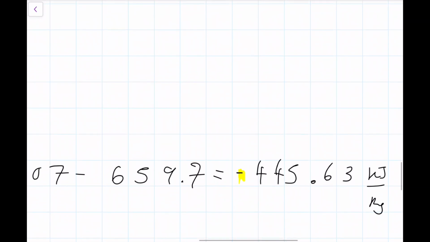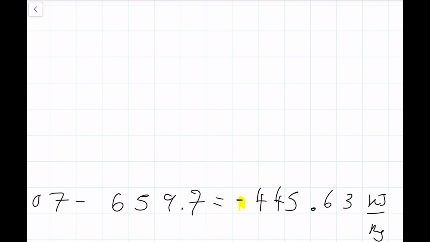So I reckon I should just do it here since we have the number here. My efficiency will be the difference in Q and Qout, so I can do 1 minus Qout over Qin.